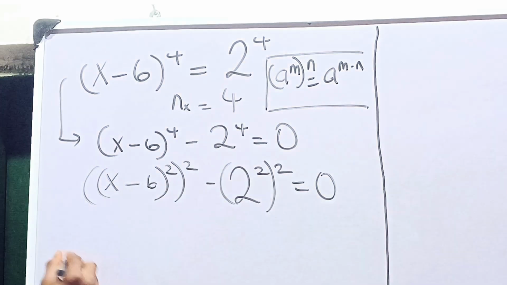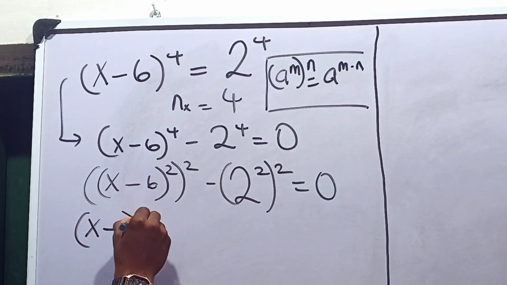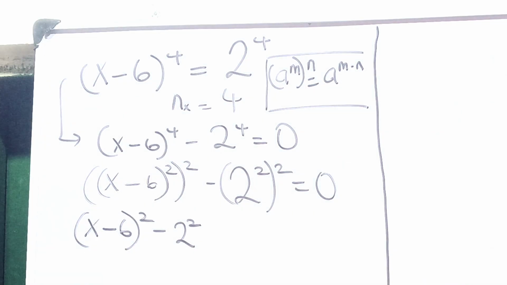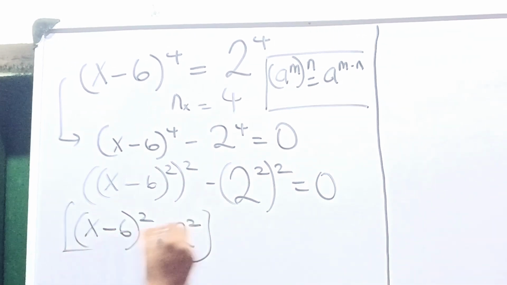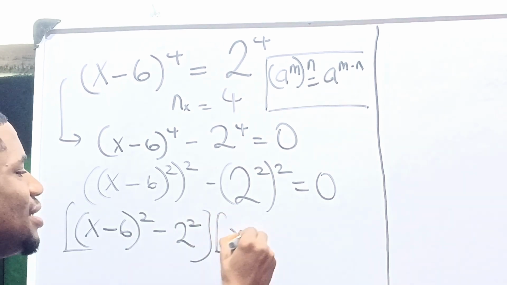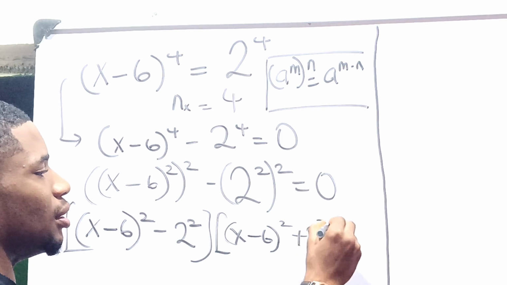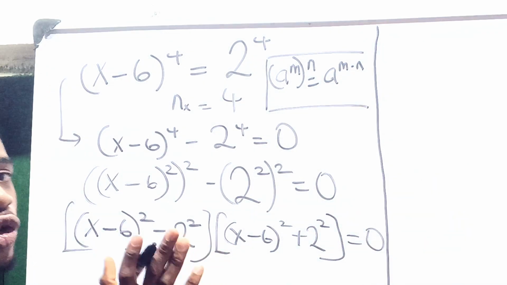So from here we are going to have ((x − 6)^2 − 2^2) multiplied by ((x − 6)^2 + 2^2), and this is equal to 0, and this follows from the rule of difference of 2 squares.